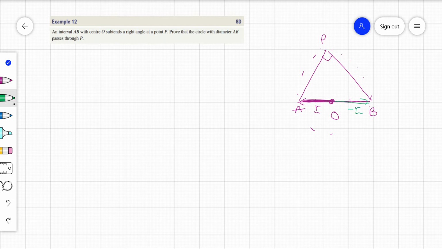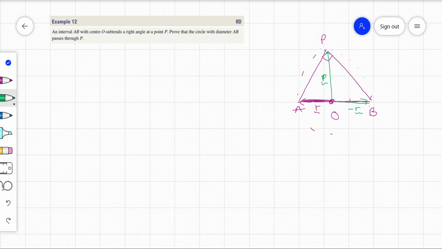And what we're trying to show is that, because we need to show that it also goes through P, then vector OP, which we'll label little p at the moment, must also be the same length as vector R, and then that would mean that P has to lie on the circle if AB is the diameter of that circle.